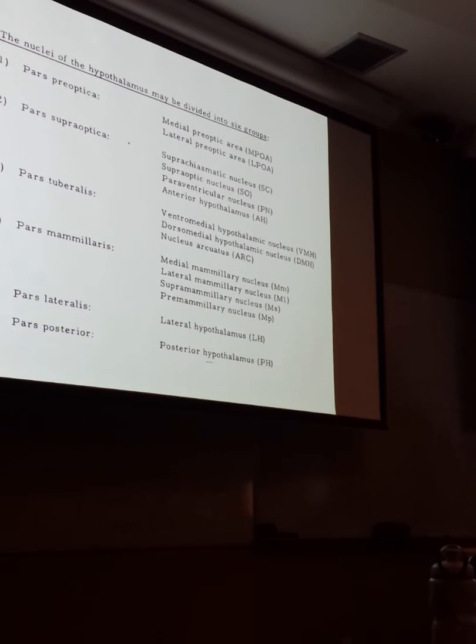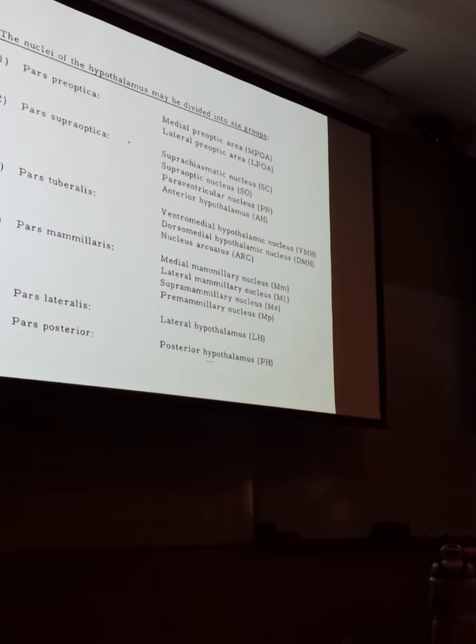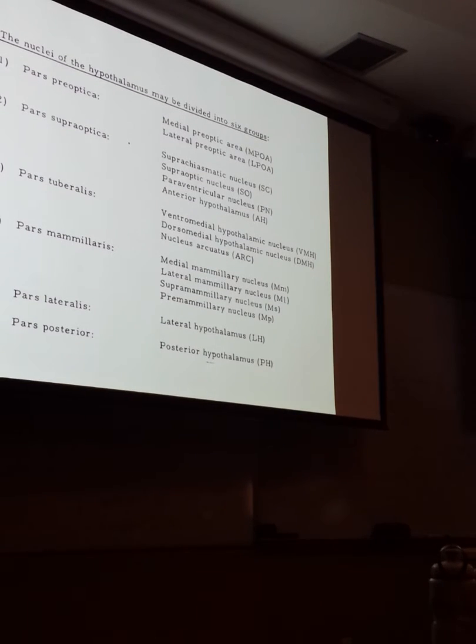The third is called the pars pectoralis, which is the dorsal hypothalamic nucleus and the arcuate nucleus of the hypothalamus. The pars mammillaris is that part of the hypothalamus which is just above and slightly posterior to the mammillary bodies.